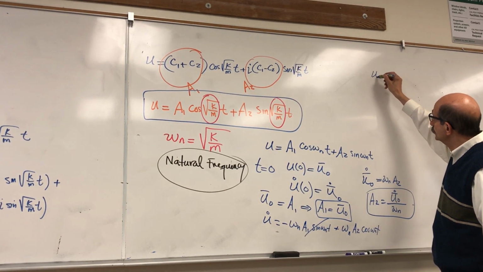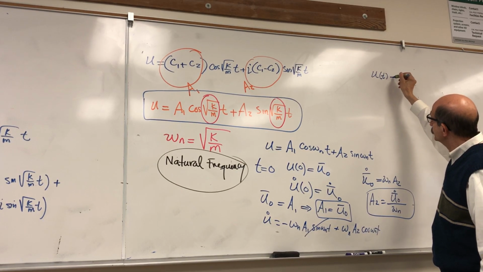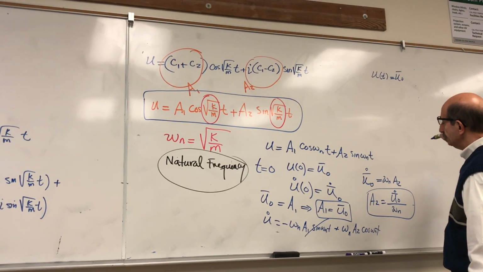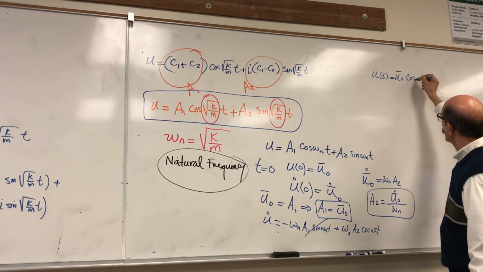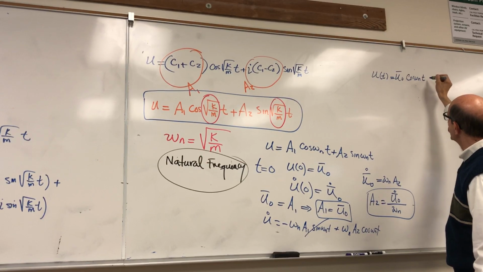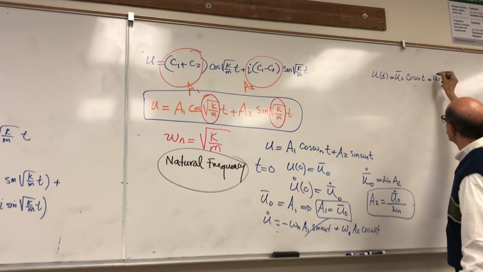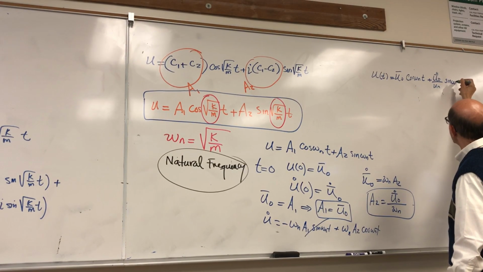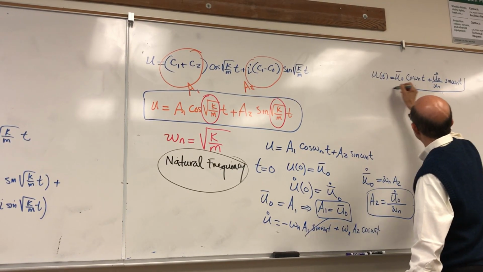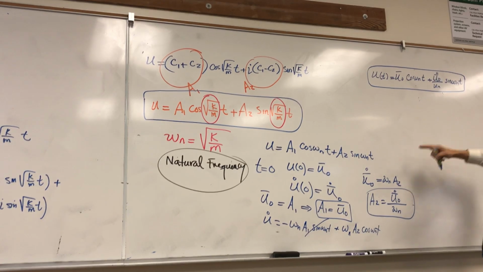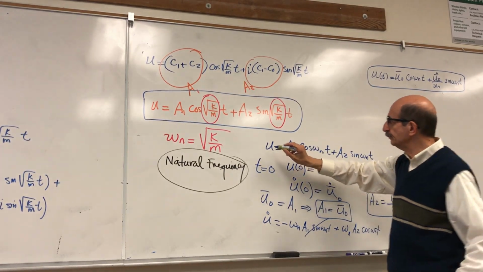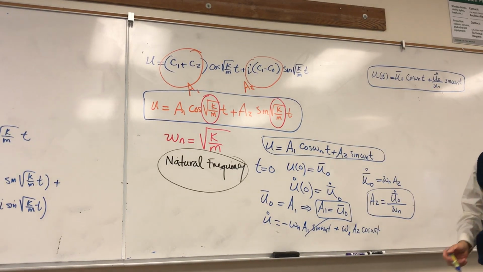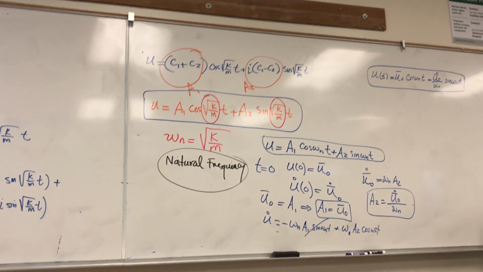In other words, u of t is equal to u bar naught cosine omega n t plus u dot bar naught divided by omega n sine omega n t. So this is the same equation in terms of the initial conditions. Okay?